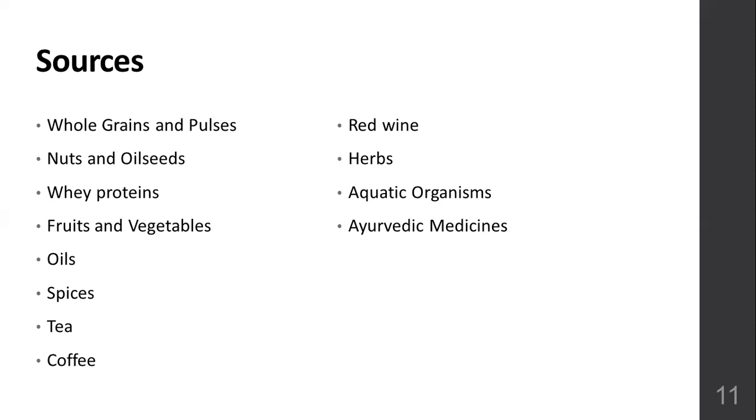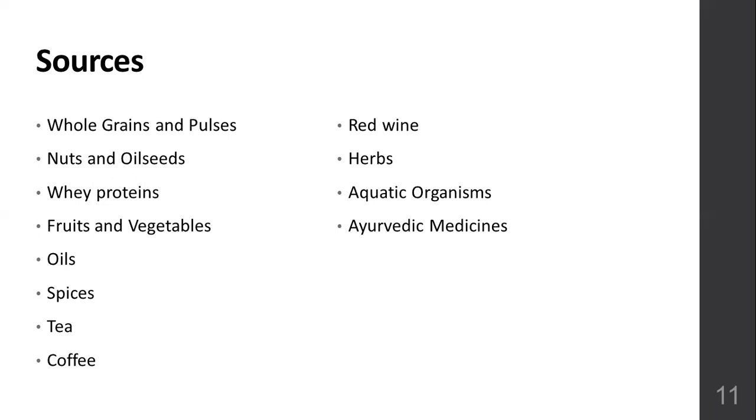Mango, papaya, passion fruits, all your berries, tomatoes, red grapes, pomegranate, pears, cherries. These all are, watermelon as well, good sources of antioxidants. Table 24.10, those who have the textbook, you can see the different antioxidants, phytochemicals present in different fruits and vegetables.